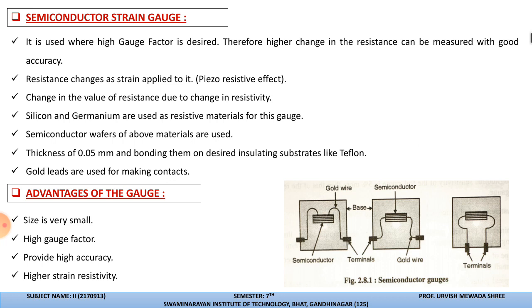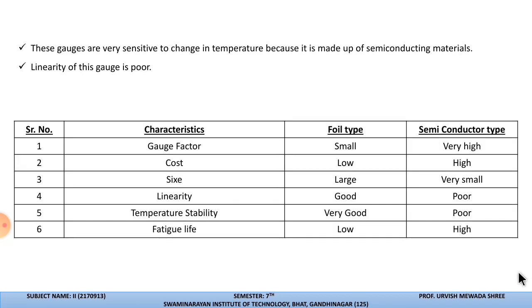And it has a high gauge factor, as you have already gone through this word, so the sensitivity and accuracy are good. It provides high accuracy because it has a higher gauge factor and higher strain resistivity. So we can measure large strain with the help of semiconducting strain gauge material.